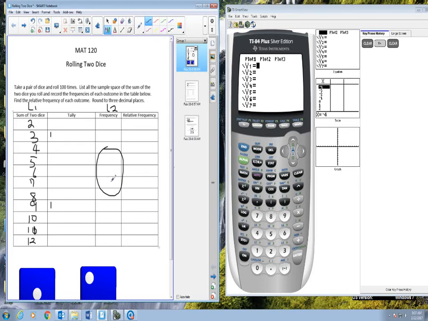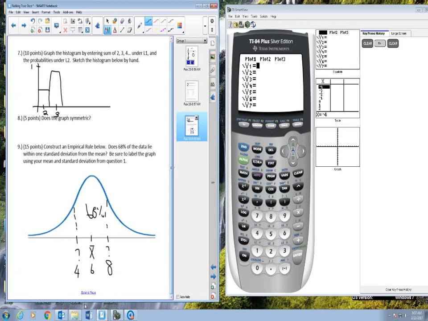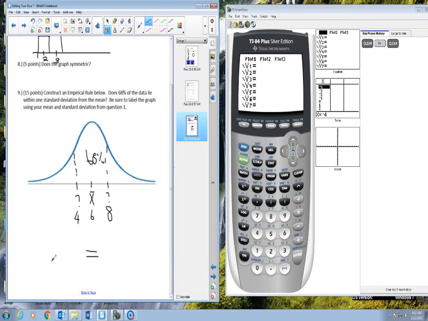If I add up all these frequencies and divide by 100, let's see if it comes out to be 68%.